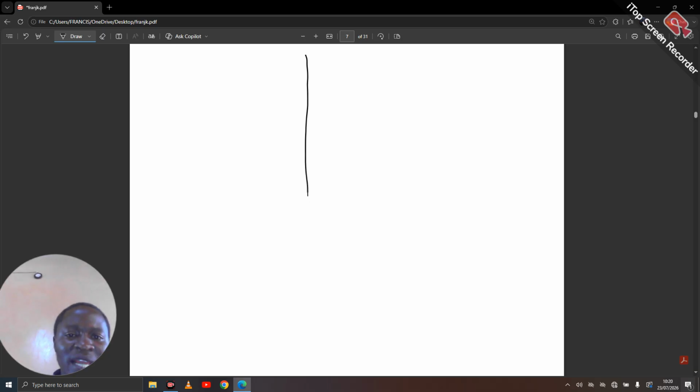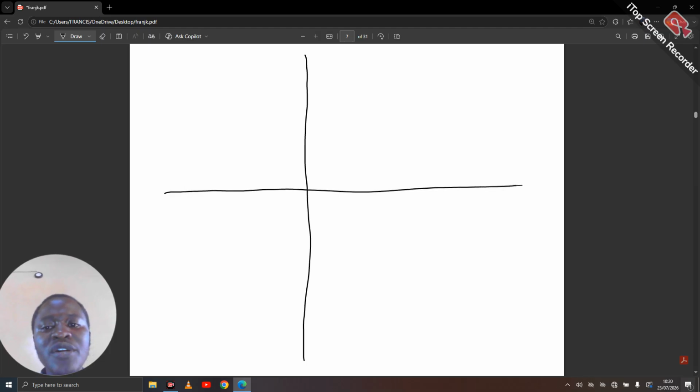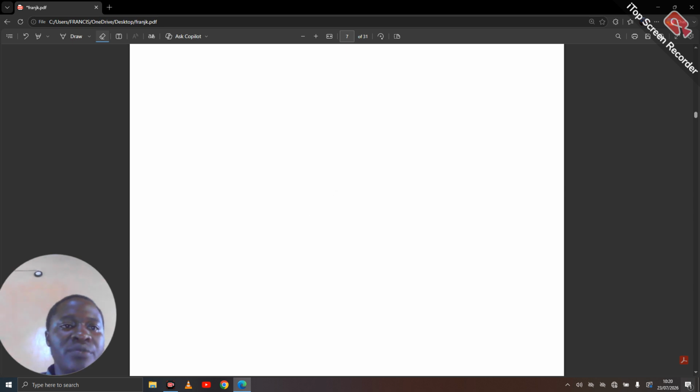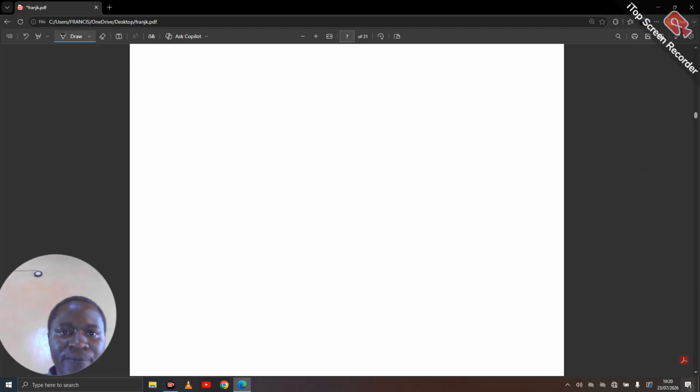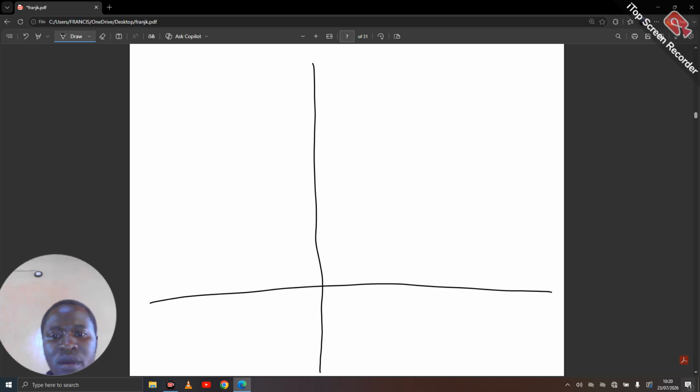Example: a Cartesian plane will be drawn.